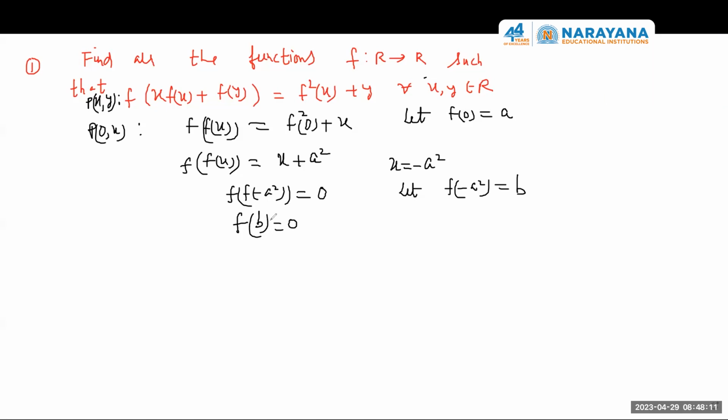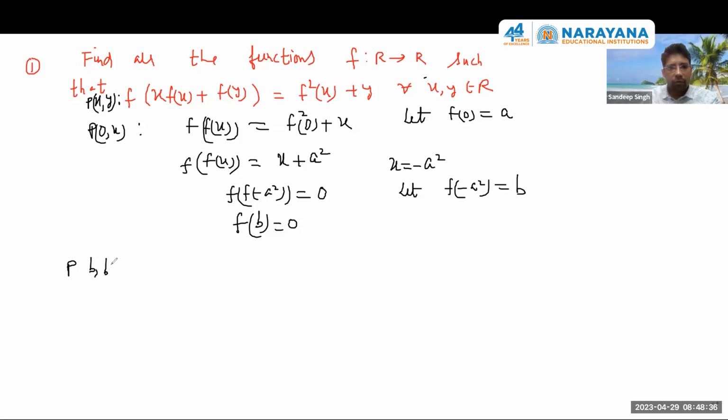Yes, sir. So how can we go further? I can start putting values over there. P of what shall I find? P of b comma b will do. If you take b comma b, that is 0. So the value of b might come.